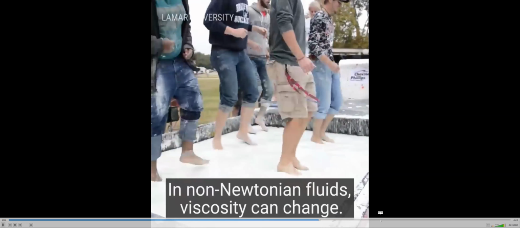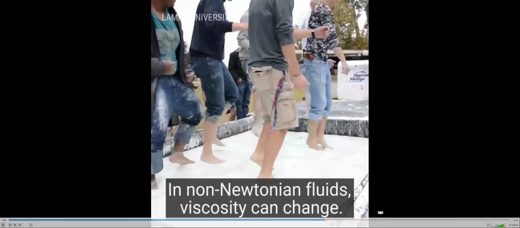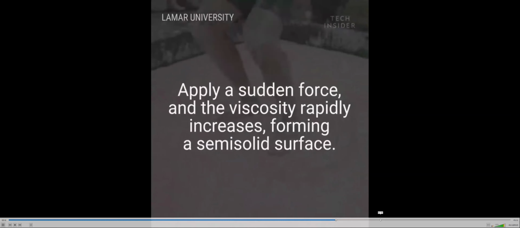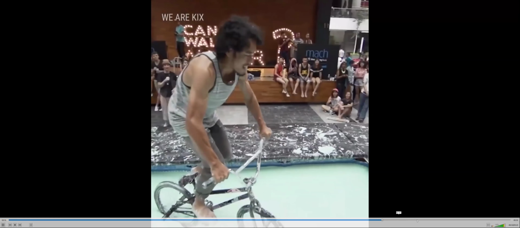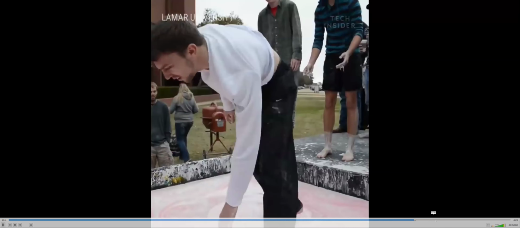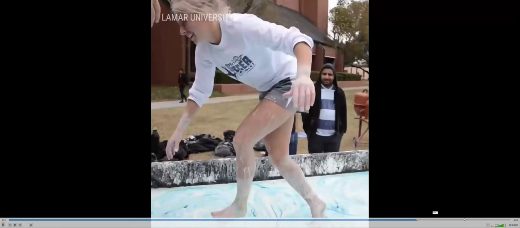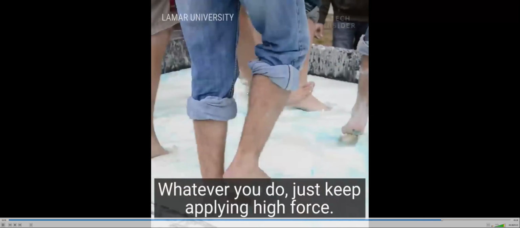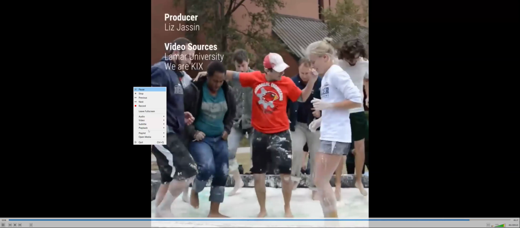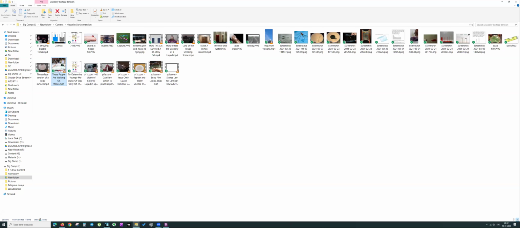People are dancing. There, surface tension exists. It's not our imagination. But this guy is doing flips also. There, it works like that. So that is your surface tension.